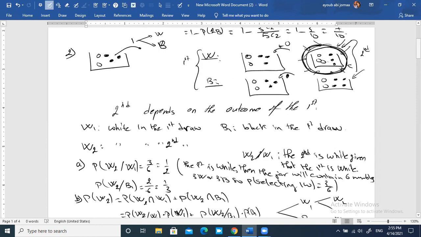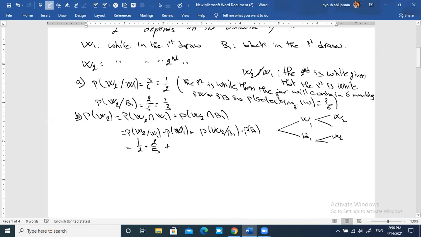When you select from the first jar, what is the probability that you get a white marble? 5C1 is the total, and 2C1 are the white ones, 2C1 over 5C1. As I said, when you select one marble, no need to use the combination: 2C1 is 2 and 5C1 is 5, so it's 2 over 5.